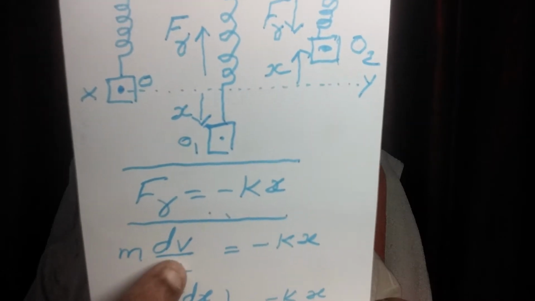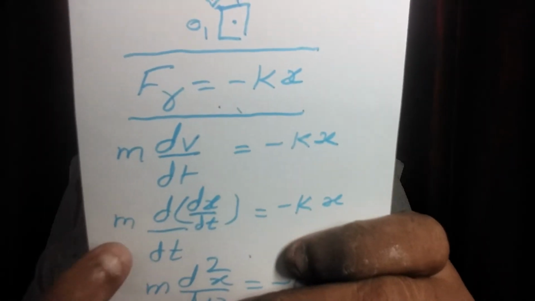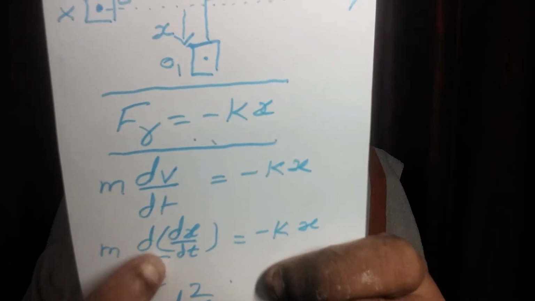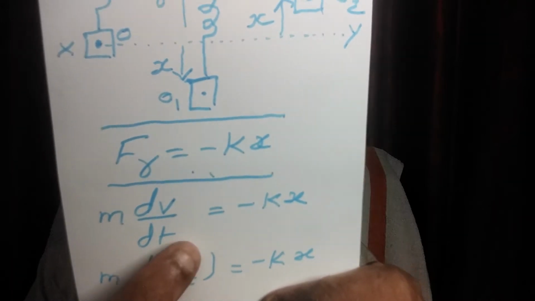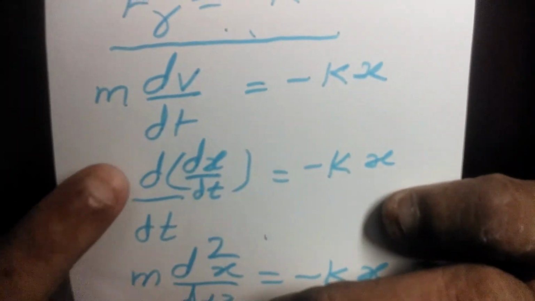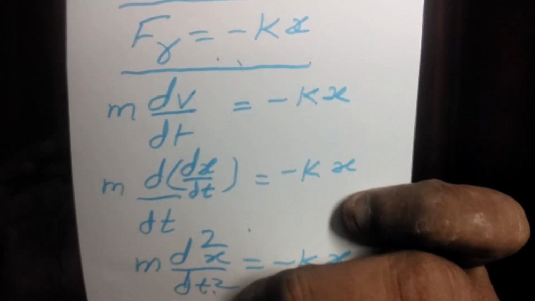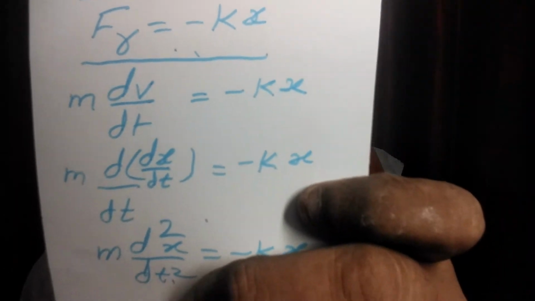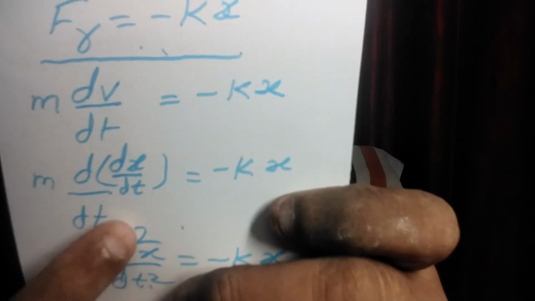Acceleration is dv by dt, the rate of change of velocity, so m into d by dt of v equals minus kx. Here v is the rate of change of position, dx by dt. d by dt of dx by dt means we should differentiate x two times, which we write using the symbol d square x by dt square.